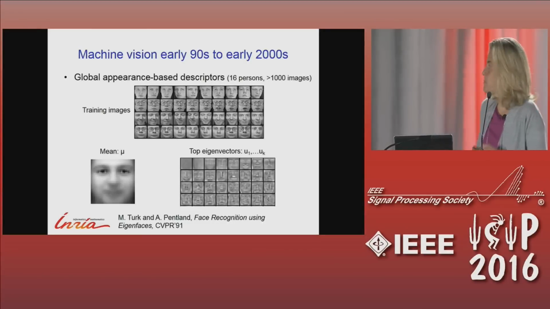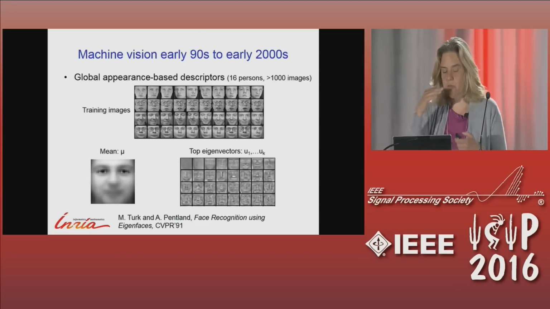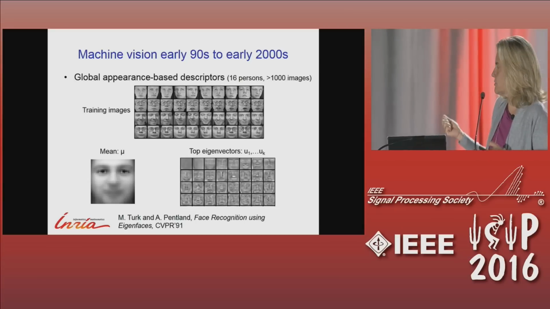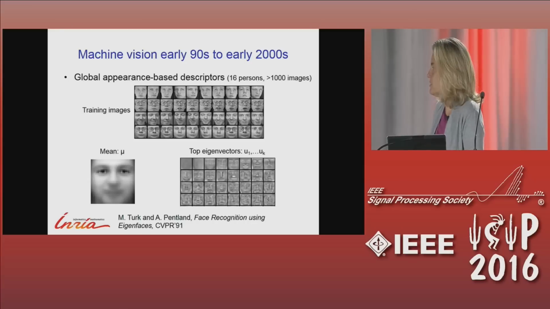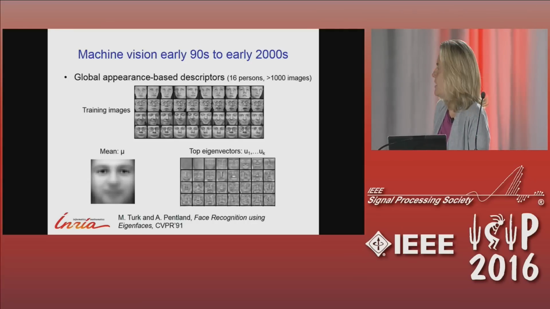Okay, and then people from the early 90s to 2000 moved away from these very simple edges and lines. Also, computers got a bit more powerful, and models were now based on global appearance descriptors, right? For example, one work for face recognition by Turk and Pentland was based on the mean and the eigenvectors.